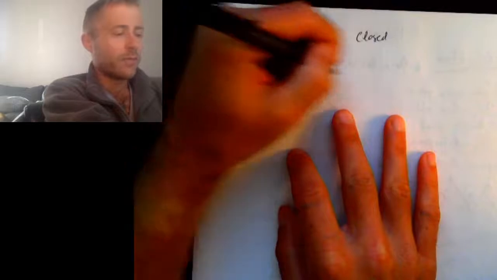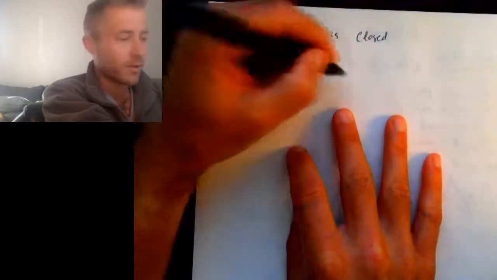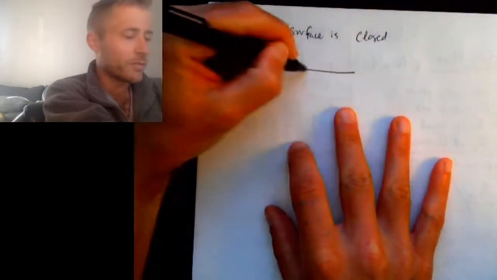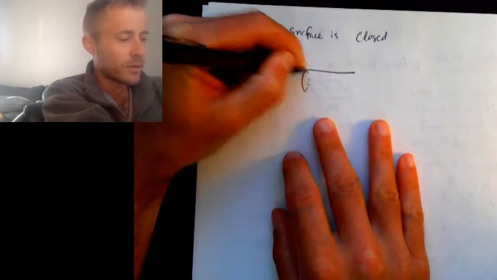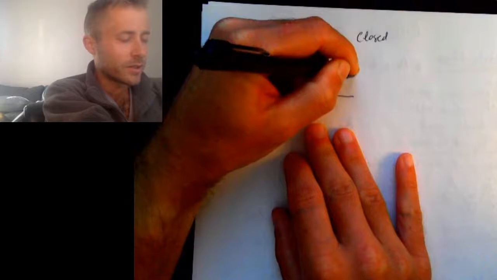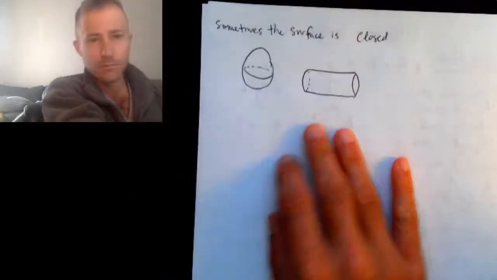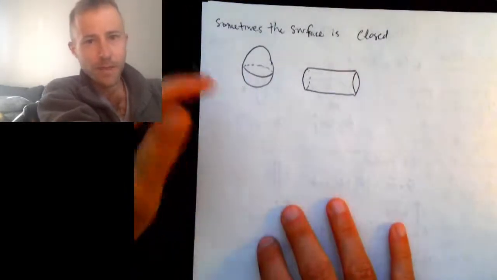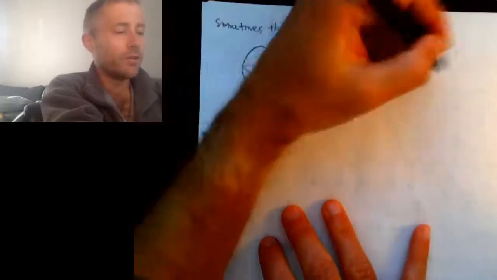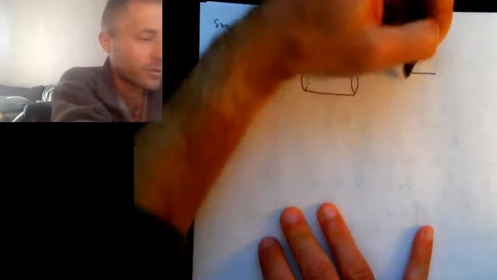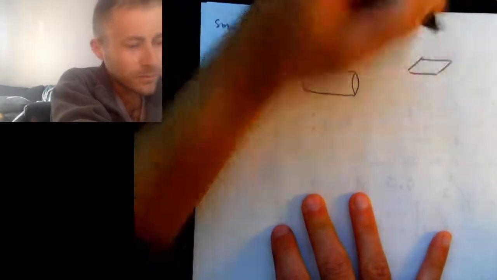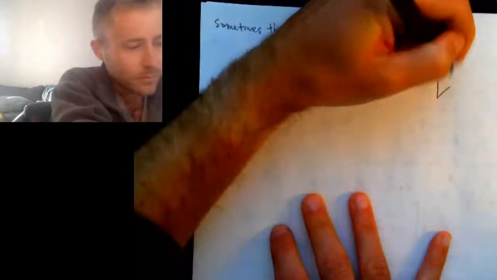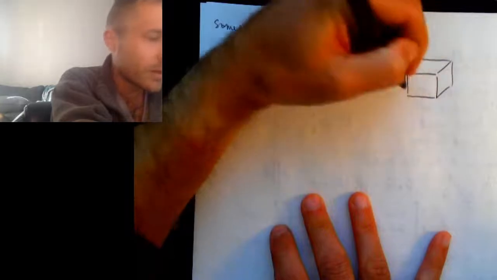You could have another common one that we will encounter, a cylindrical closed surface. A closed surface is one that is containing a volume of space, right? You could have a cubical closed surface.